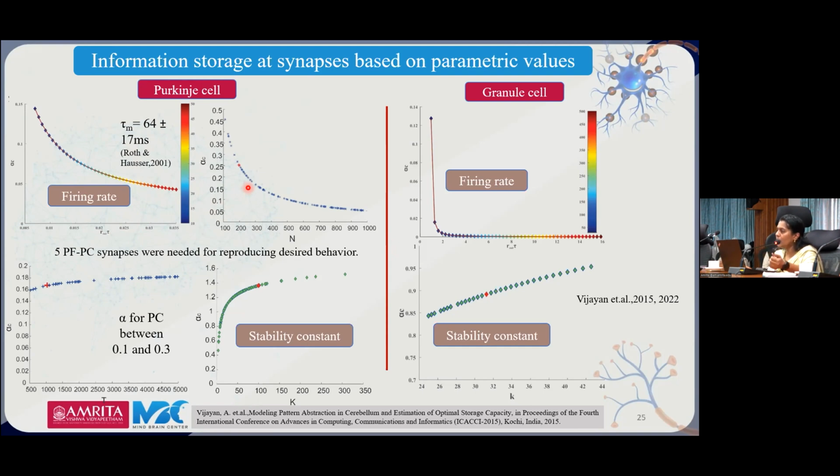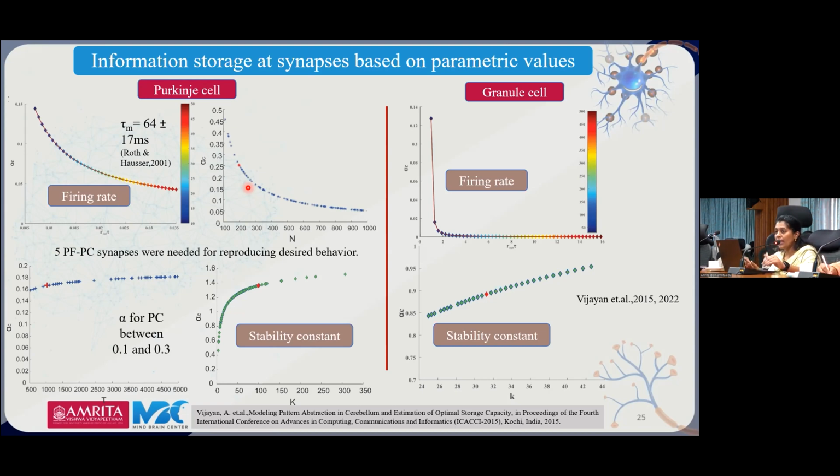So it suggests that around 5 PF-PC synapses were required to store at least one input-output association. So a single Purkinje cell can hold a number of input-output associations. That was the finding which we could get.